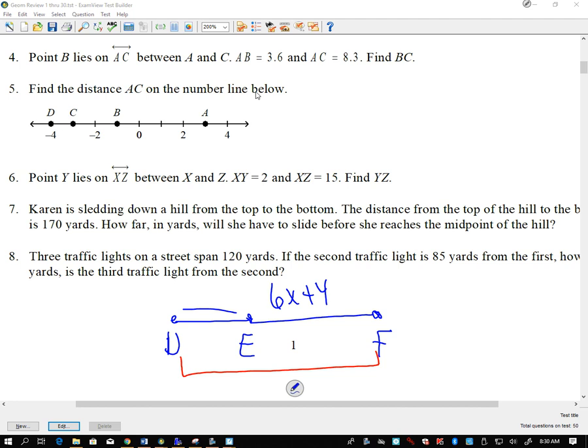Except in that question they give you the whole length, and they're going to ask you what this length here is. So it's a little different. That's why I'm trying to give you not only one from the same lesson type, but also an example question that looks a little closer to what's on the test. Does that make sense?